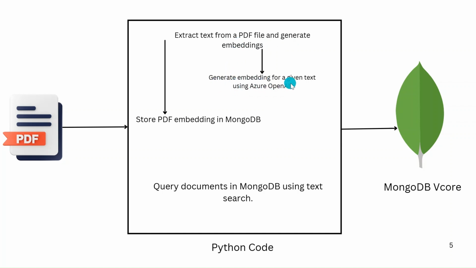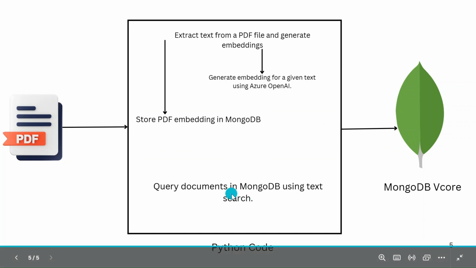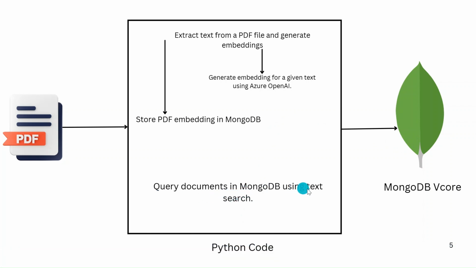Once the embedding, or the vector, has been generated, we'll store the embedding in MongoDB. The search operation is also performed within the same Python code: to search the document, we'll query the document in MongoDB using the text search, and it will retrieve the data from MongoDB vCore.